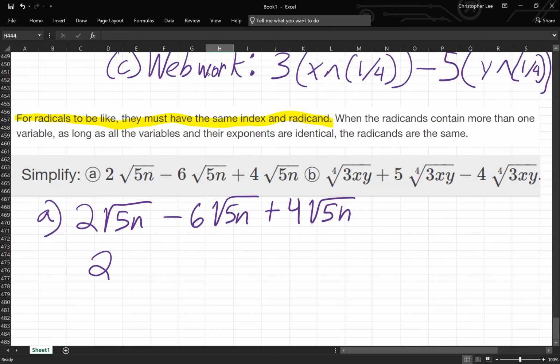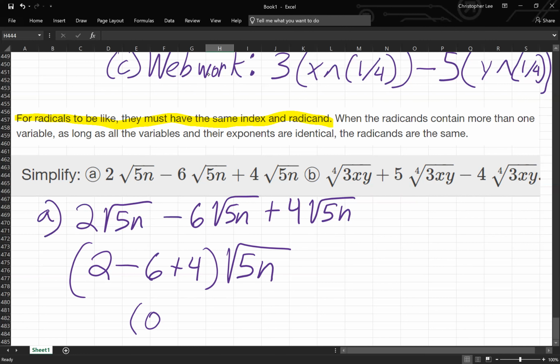So this becomes 2 minus 6 plus 4, and then the square root of 5n. And then 2 minus 6 plus 4 is just 0. So 0 square root of 5n. And you know anything times 0 is 0, so then that's just the answer. And that's it.